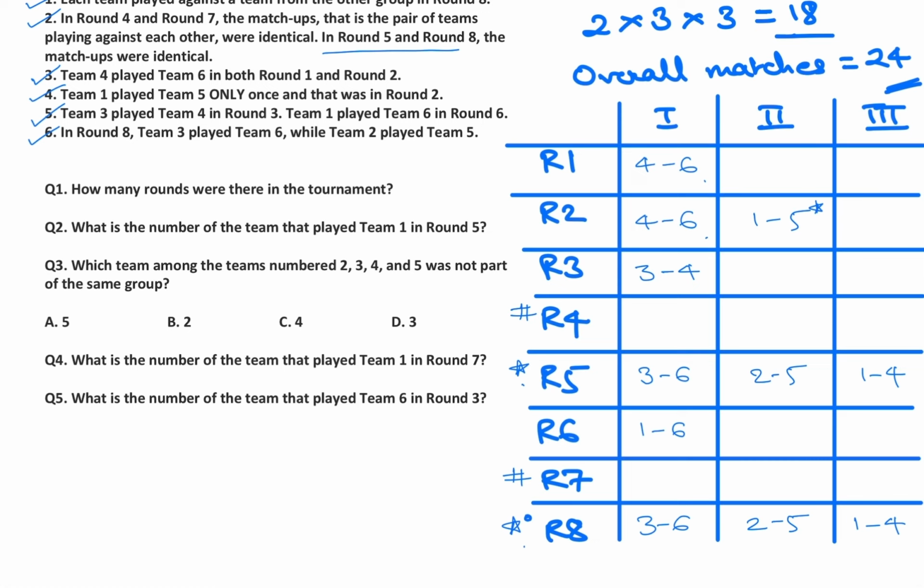Now let's see what matches can be played amongst each other by the same group and by the different group. Let me bring this down as well so that we don't have to go back up again and again.